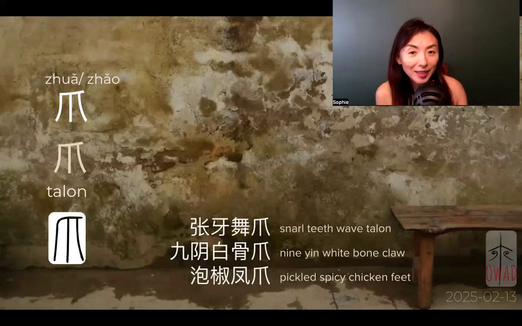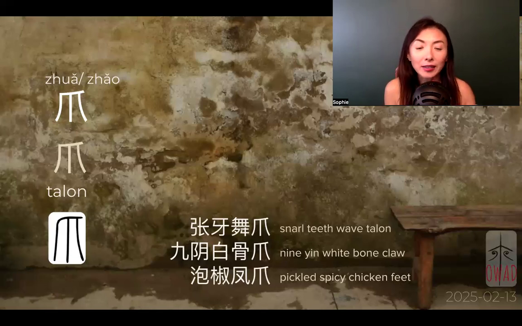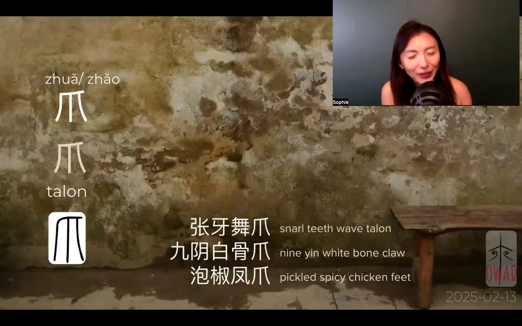Okay, 泡椒凤爪 is pickled spicy chicken feet. I know this dish is a classical Chinese cold dish, kind of an appetizer. Very popular because it's spicy, so it's a kind of appetizer. But it's quite difficult and challenging for a Western palate. Not only the palate, but the visual presentation of you actually chewing on a very bony, chewy chicken feet.